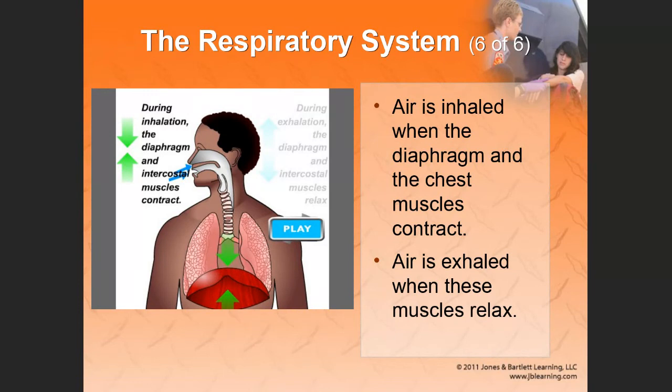Right. So if you're retaining carbon dioxide, it's going to combine with water in the body, and that becomes carbonic acid. Carbonic acid will cause the pH to go down and become more acidic.